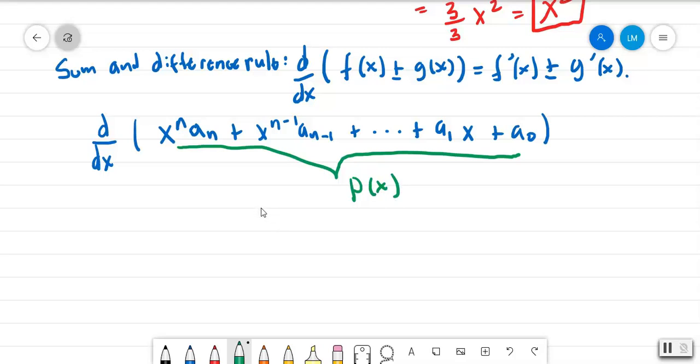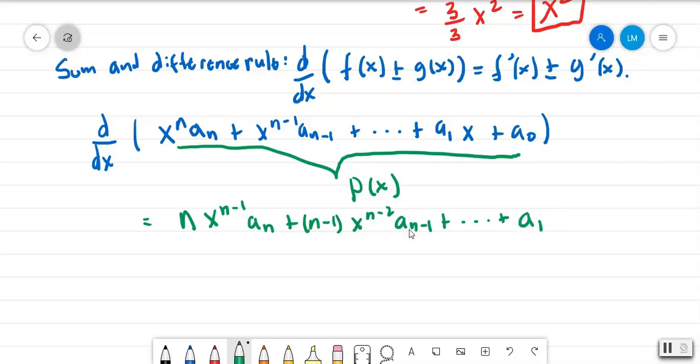So if you were to just apply the derivative to every single term, then that would give you n times x to the n minus 1 times a sub n, plus n minus 1 multiplied by x to the n minus 2 times a sub n minus 1, and then that's where you would get plus just a1.